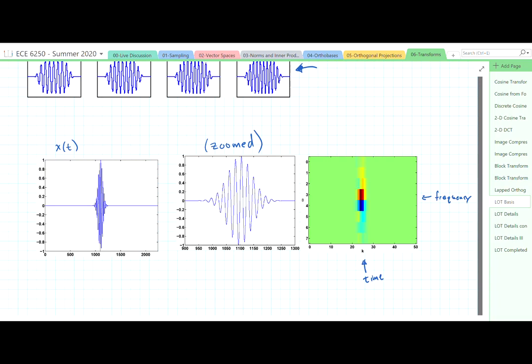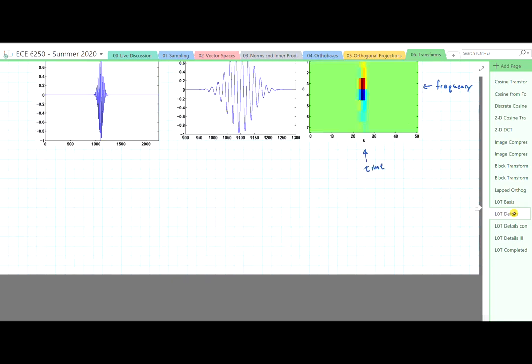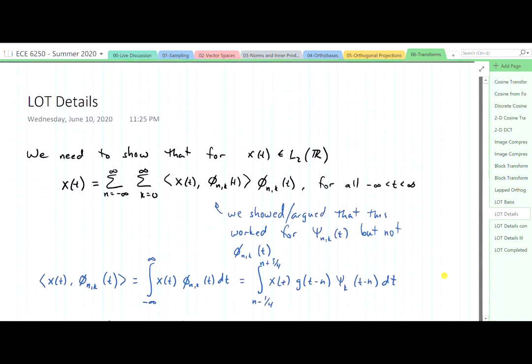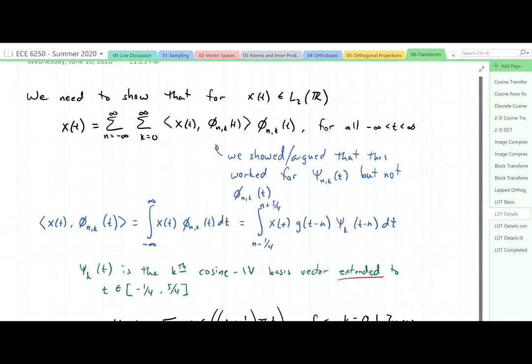You might think that everything we teach you we regard as very important, and all of this is important to some degree, but it's not as important to me that you are able to, say, derive the LOT as it is for you to understand some of the concepts that go in here, and that you're exposed to a tool that's very useful in audio processing and in other block transform situations. I've already written out the notes so that we can go a little bit more quickly through things.